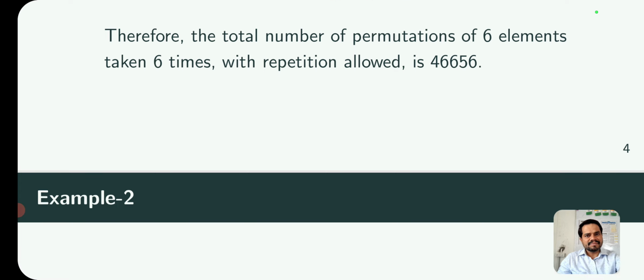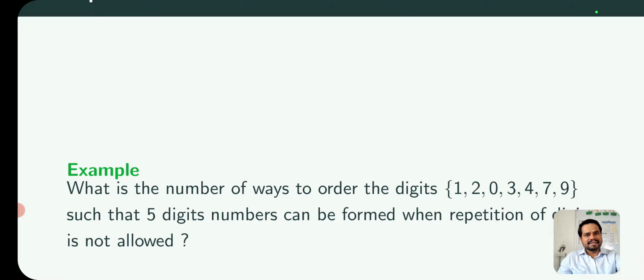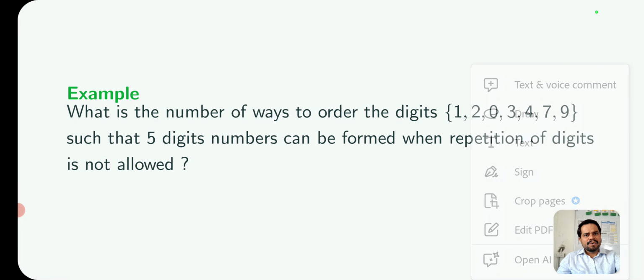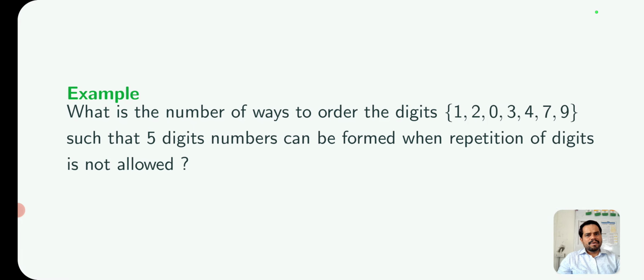Now let us see the next example. What is the number of ways to order the digits 1, 2, 0, 3, 4, 7 and 9 such that 5-digit numbers can be formed when repetition of digits is not allowed? We have to order the given digits such that 5-digit numbers are formed.